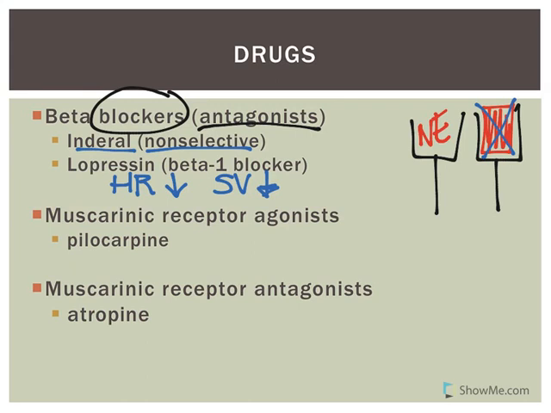This is because it can also bind to the beta-2 adrenergic receptor. If you review your notes, in the bronchial smooth muscle, you have beta-2 adrenergic receptors. And when norepinephrine binds to that, it causes relaxation of it, causes bronchodilation. But if you give someone Inderal, it actually would cause some mild bronchoconstriction.